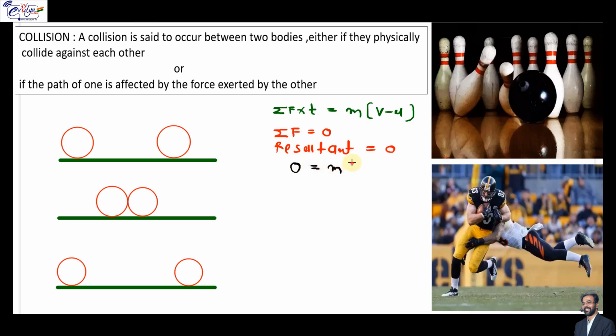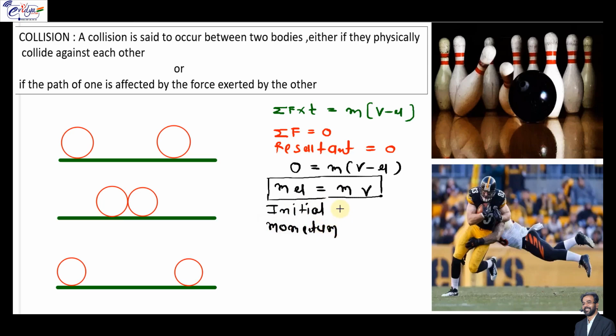This is m(v minus u), so mu is equal to mv. What is mv? It is the product of mass and velocity, that is momentum, the linear momentum. This is the initial momentum, and this is the final momentum.